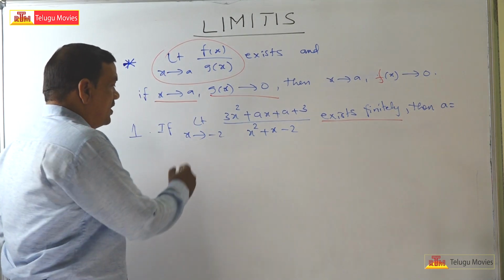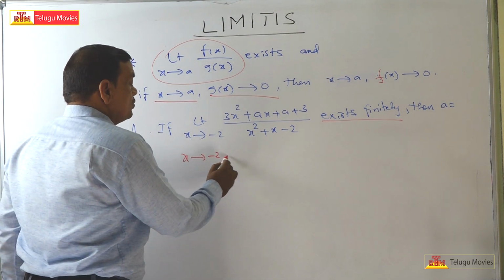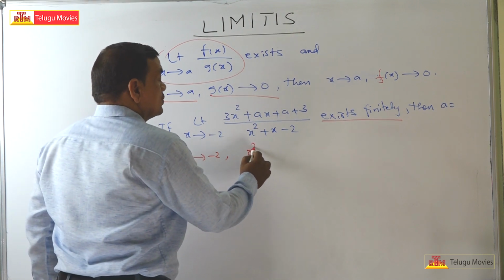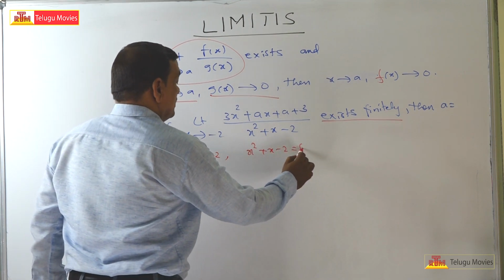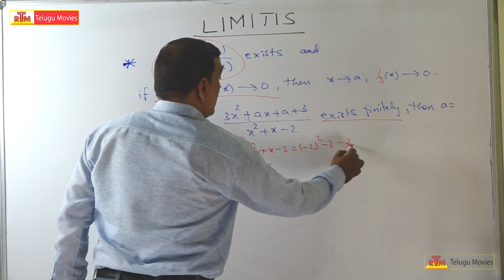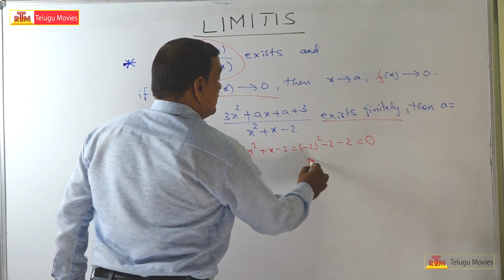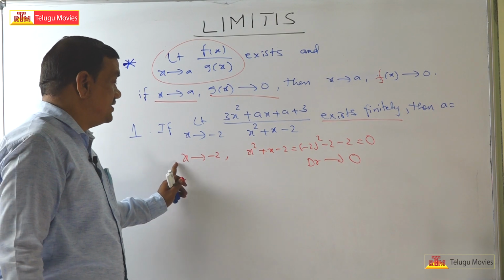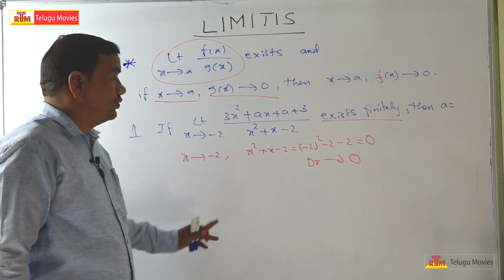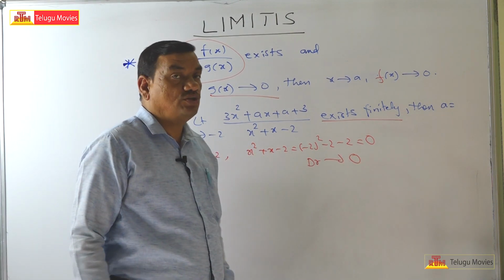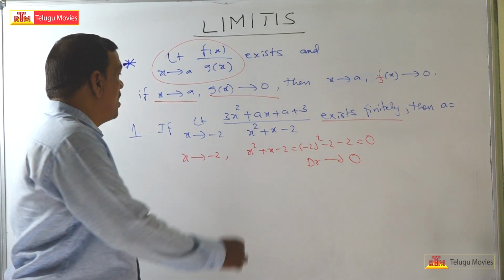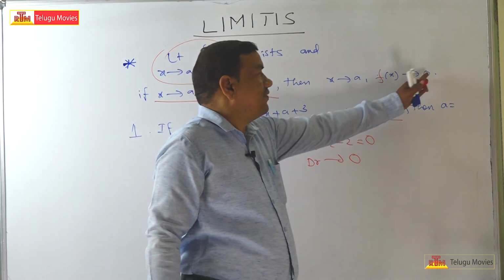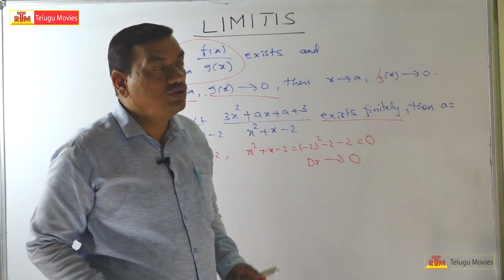As x approaches minus 2, the denominator x square plus x minus 2 is minus 2 whole square minus 2 minus 2, which equals 0. So the denominator approaches 0. Then, as already told, if the denominator approaches 0, then f of x also approaches 0.